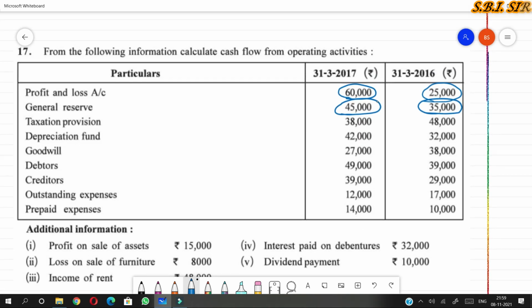Next, taxation provision. The previous year's taxation provision is 48,000. The current year's taxation provision is 38,000. So we will take here, under the heading of non-cash expenses and provisions, the taxation provision for the current year, and the 48,000 will be paid.